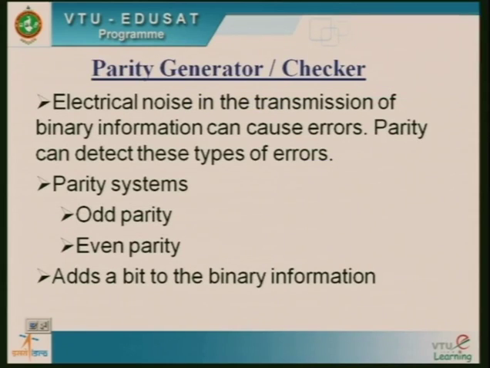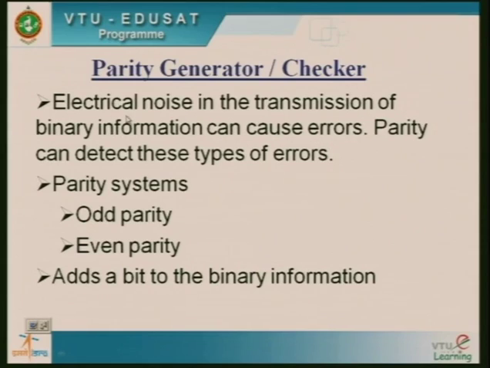So, we will discuss parity generator and checker. What exactly is the parity generator and checker, what is the requirement of this, where exactly are we using this parity generation and checking. Whenever we transmit some bits in the transmission line, there will be an additional noise called electrical noise.